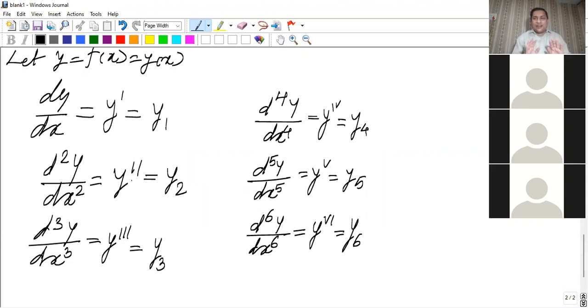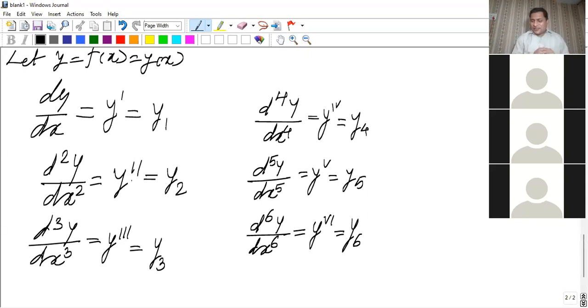We keep on taking the derivative. We differentiate the function successively, again and again, and that's why we call this successive differentiation.